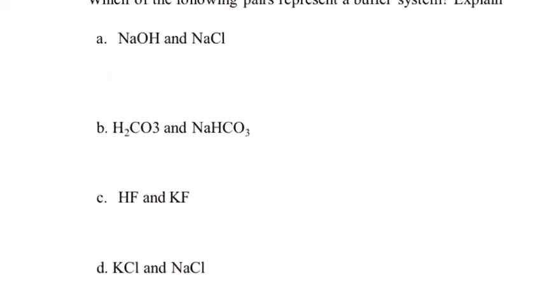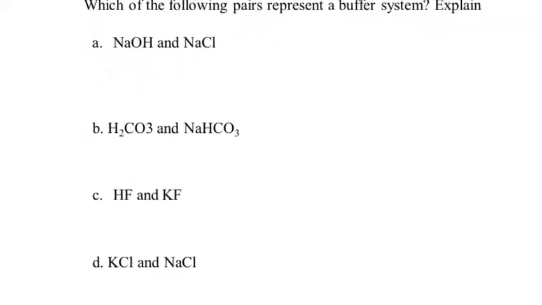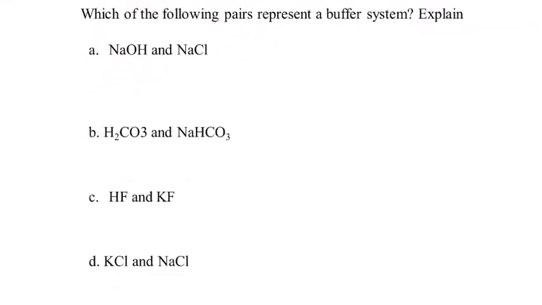So taking that into consideration, let's actually look at different pairs of compounds and determine if they're going to be making a buffer solution or not. And we have the following pairs. Letter A, we have sodium hydroxide and we have sodium chloride, okay?